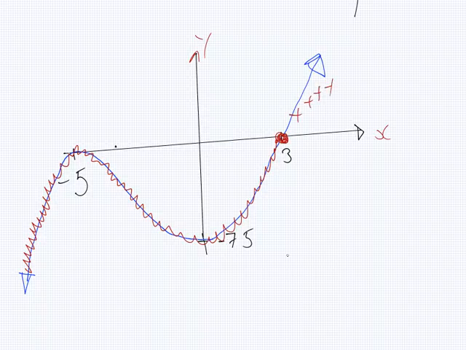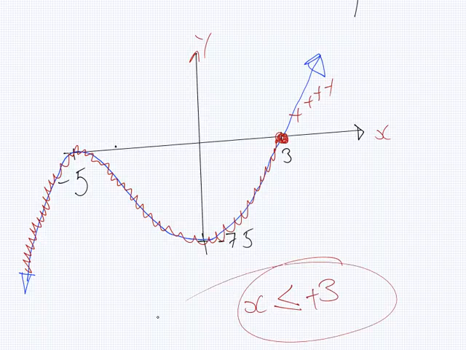So actually the answer is x less than or equal to 3, from the graph. But you know, it's the same as the last example. You're just using the graph to do something useful at the end. That's all.